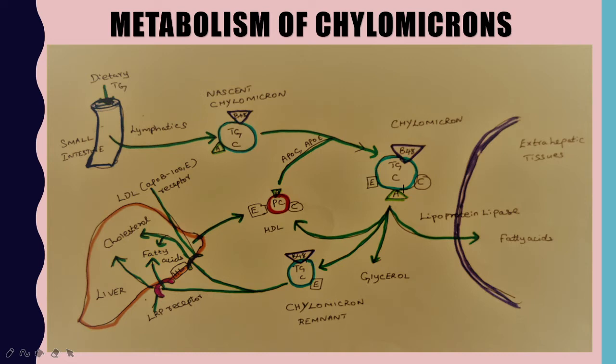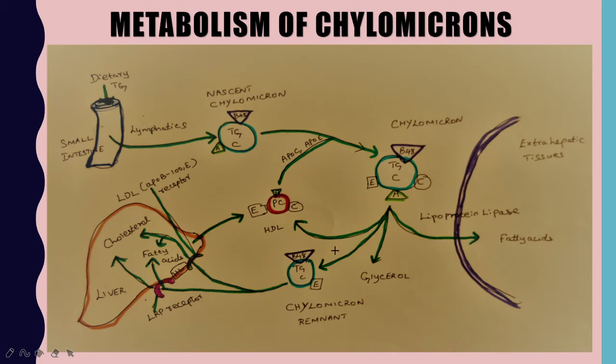Now this chylomicron with apoprotein B48, C, A, and E, which is rich in triglyceride and cholesterol, will be acted upon by the enzyme called lipoprotein lipase. This lipoprotein lipase will act upon the triacylglycerol to convert it into glycerol plus free fatty acids.